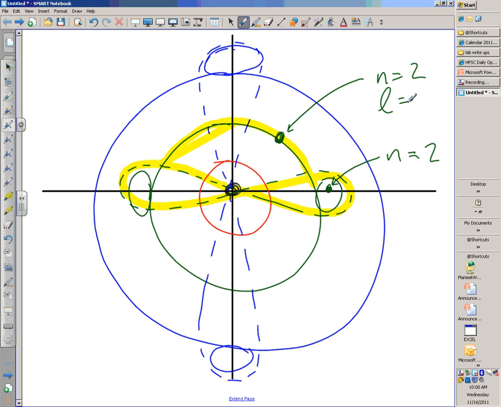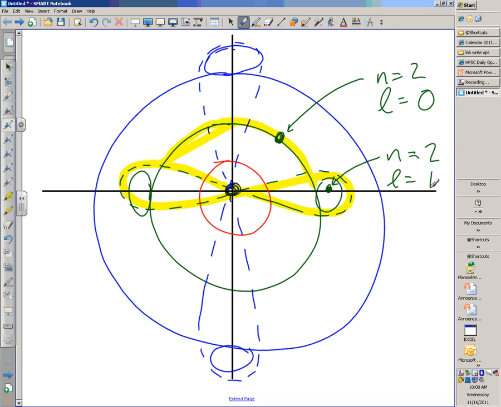So, this one, because it's in the sphere part, it's in an S sublevel. So its L value, we assigned it as 0, because it starts at 0. But then here, this electron is in a P sublevel, so its L equals 1. Does that make sense?